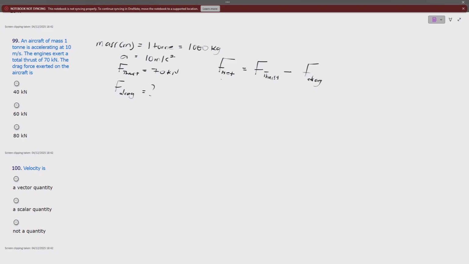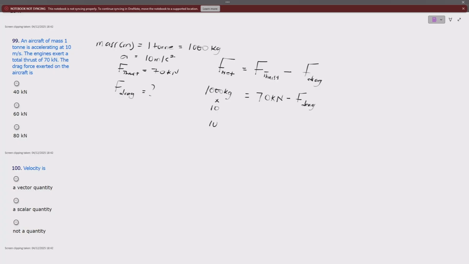That was going to be 1,000 kilogram times 10 equals 70 kilonewtons minus the drag force. 1,000 times 10 is 10,000.